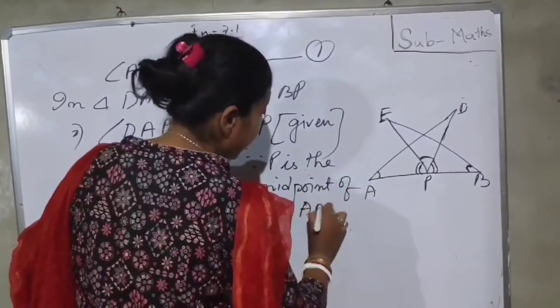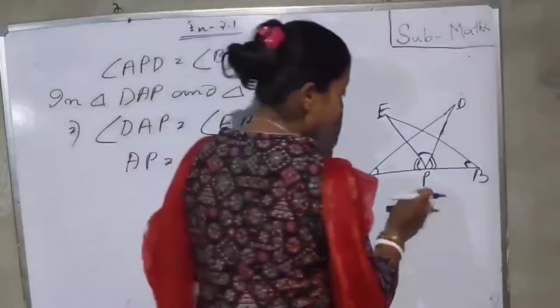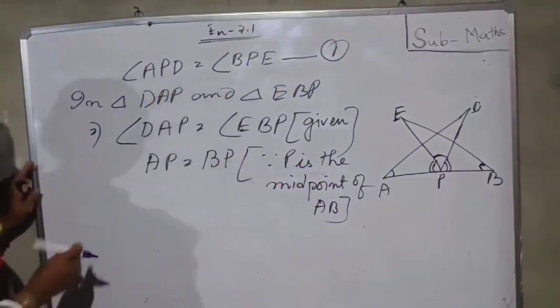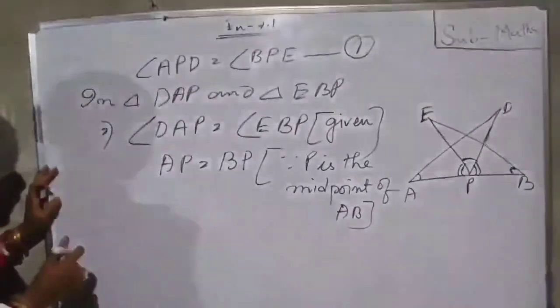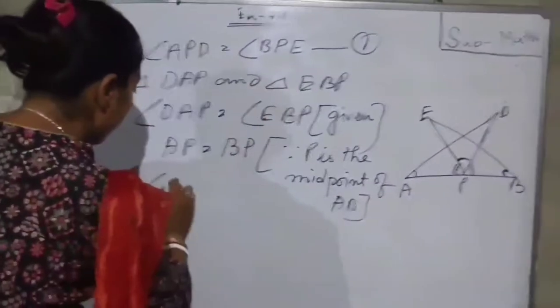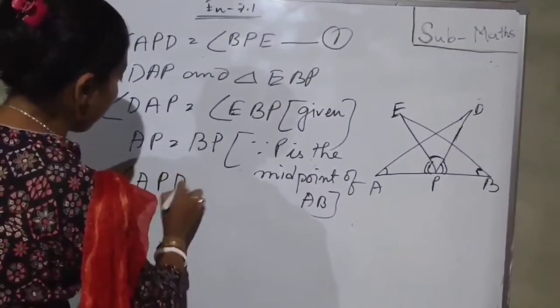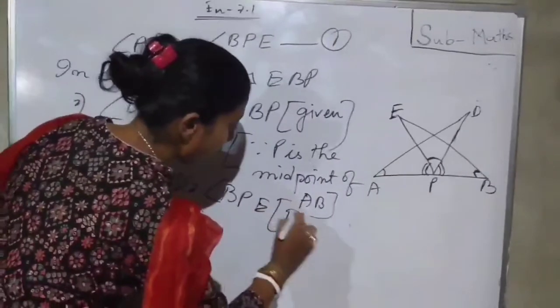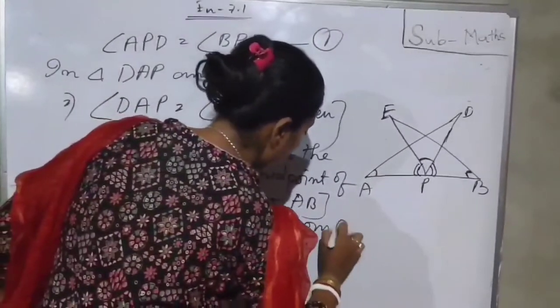If there is a midpoint, then it will divide the line segment into two equal parts. So AP equal to BP. Then another angle: angle APD equal to angle BPE from 1.